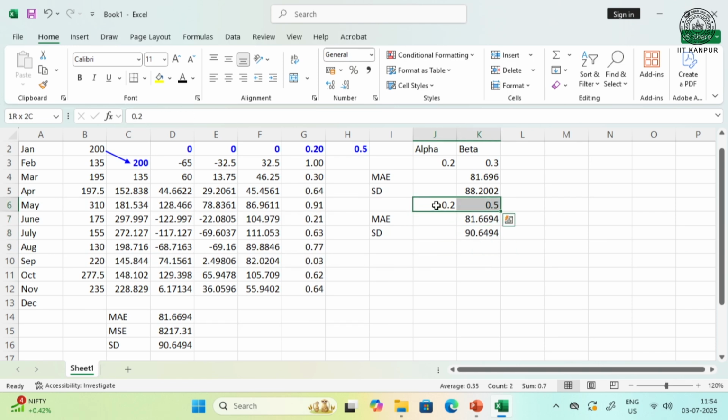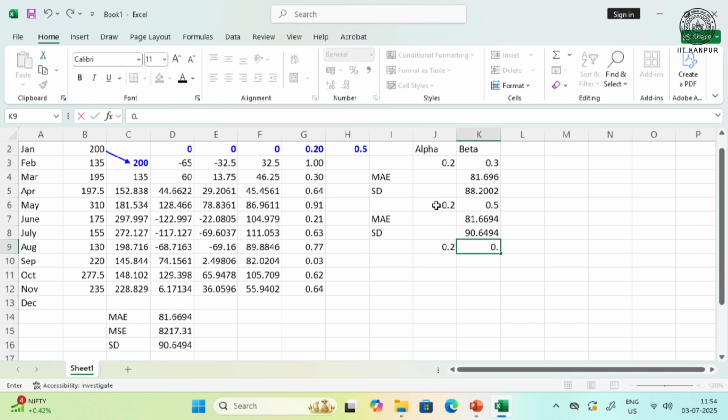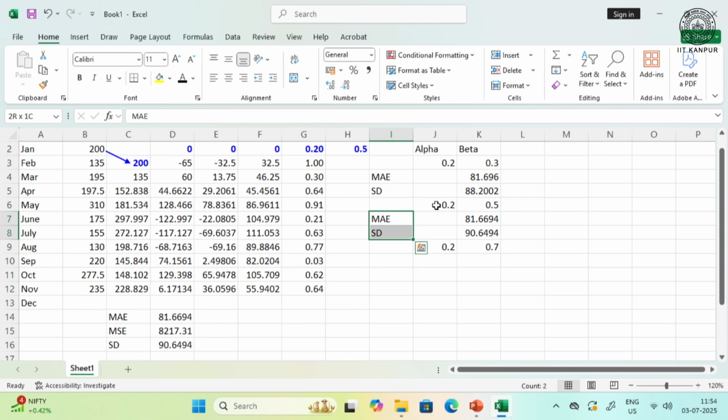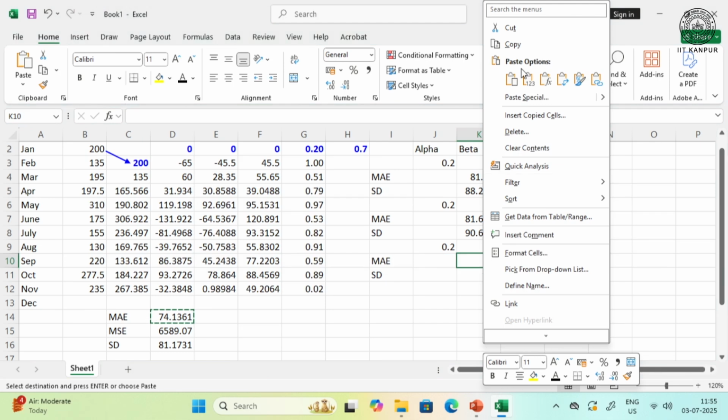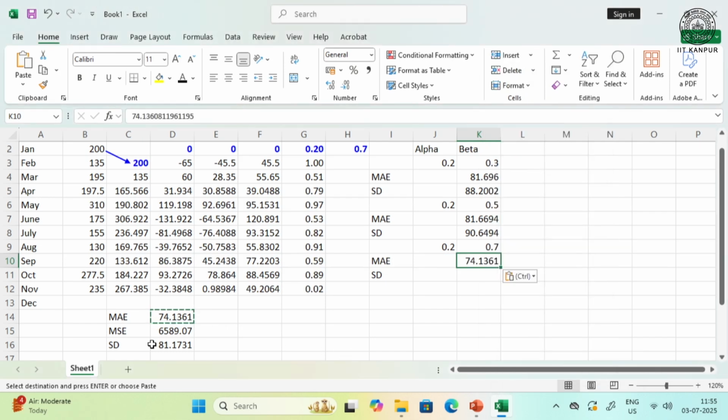Now, if I go to 0.2 and 0.7, what are the values for 0.7? It is 74, which has decreased, and this has definitely decreased from 90.64 to 81.73.